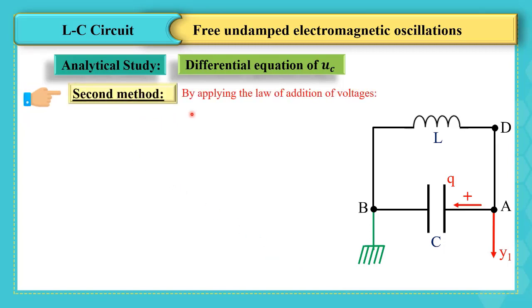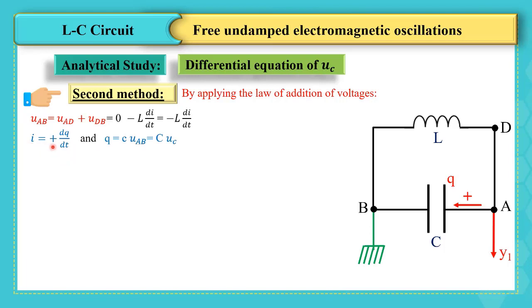Second method, by applying the law of addition of voltages. UAB will be equal to UAD plus UDB. UAD is 0 since the wire has no resistance, and UDB is equal to minus U coil since it is opposite to the positive sense, so it will be equal to minus L di over dt since the coil has no resistance.